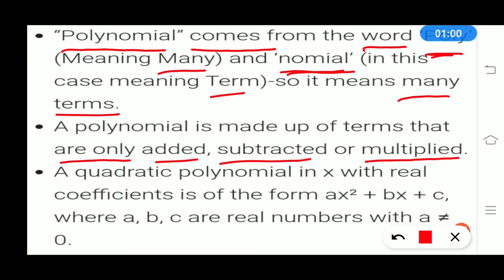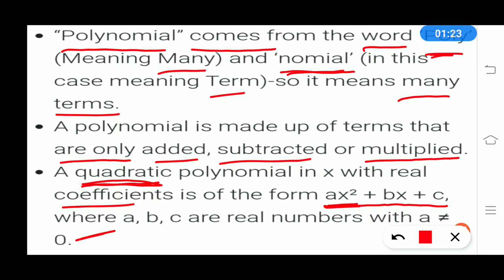Clear? A quadratic polynomial in x with real coefficients is of the form ax square plus bx plus c. Since it is a quadratic polynomial, that's why I started from ax square. Where a, b, c are real numbers or constants and a not equals to 0.